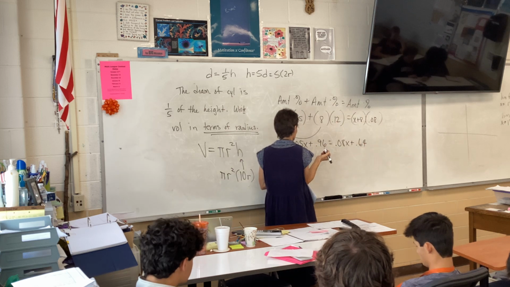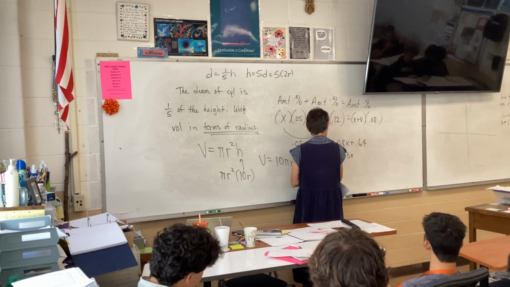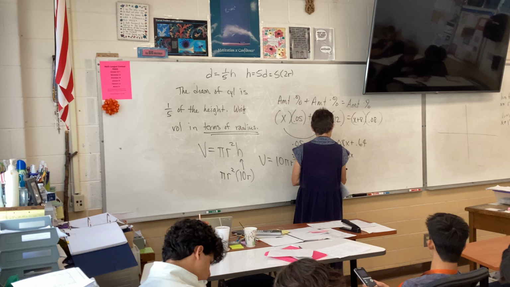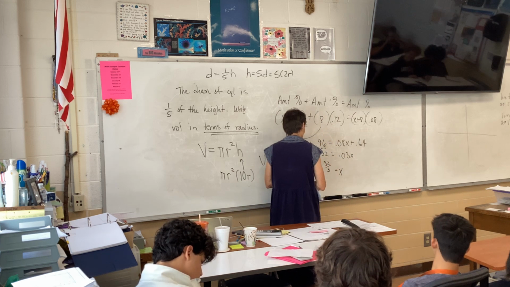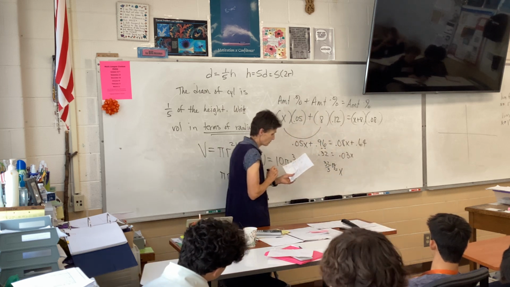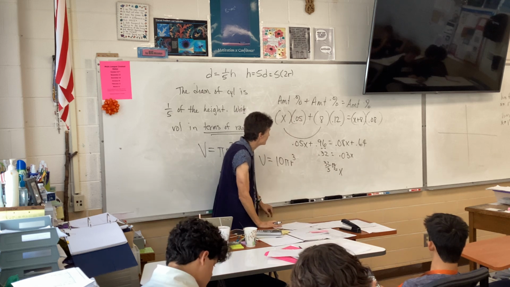Hope my arithmetic is okay. Then I'll start solving. I got 32/3 ounces, but I could have made a mistake, so I'll just wait. That was it.